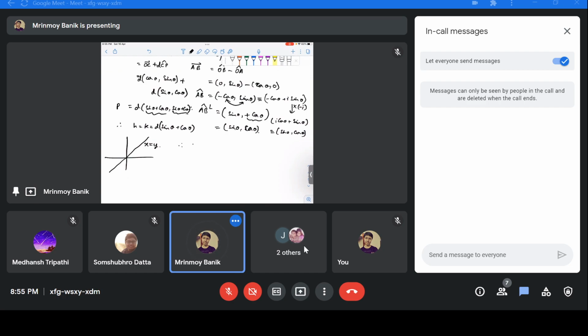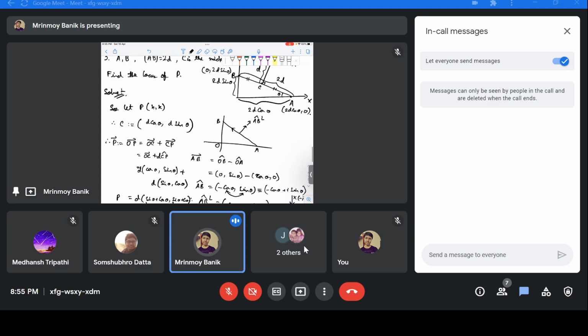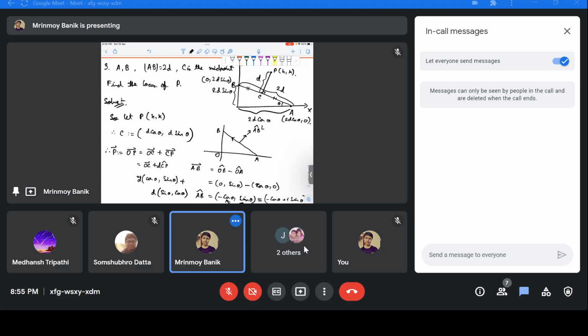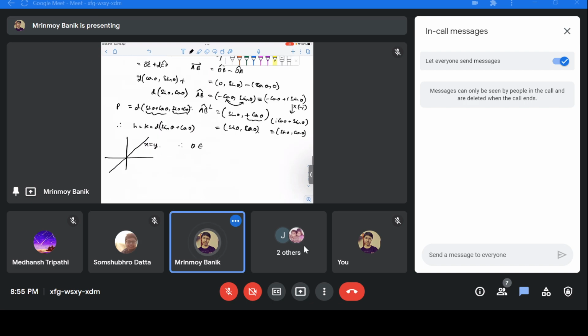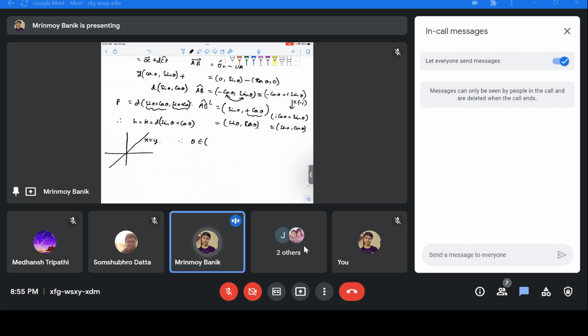So theta is in the range... looking at the problem, since it has to be in the first quadrant, one extremal position is this one, where theta is almost pi by 2. The other one is this one, where it's almost 0. So it's the open interval 0 to pi by 2.